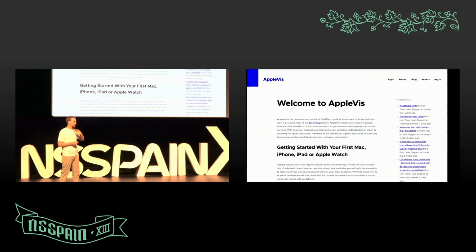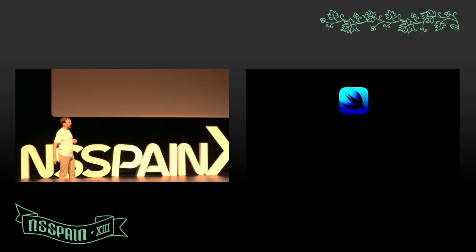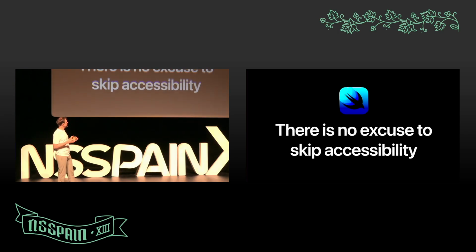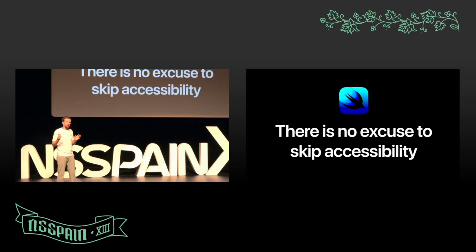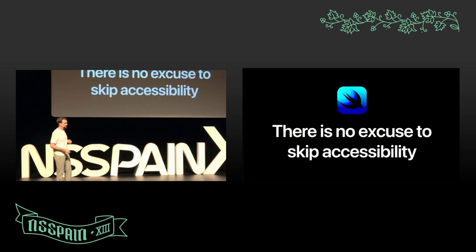And people are often very, very helpful in helping you test this out and showing you your interaction quirks with accessibility. And in SwiftUI, making things accessible is somewhat easy. So I think there is today not a single excuse to skip on accessibility anymore.